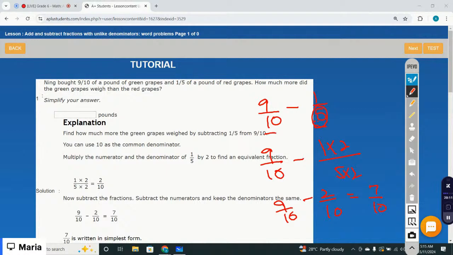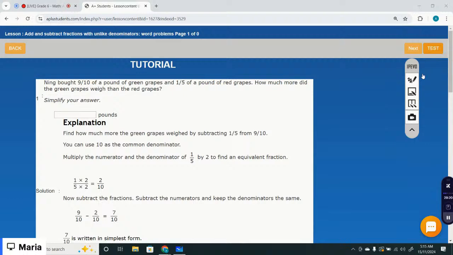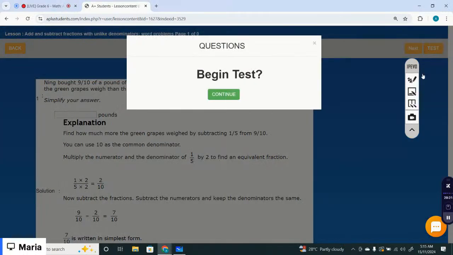The correct option is 7 over 10. Okay, let's just start with the test questions.